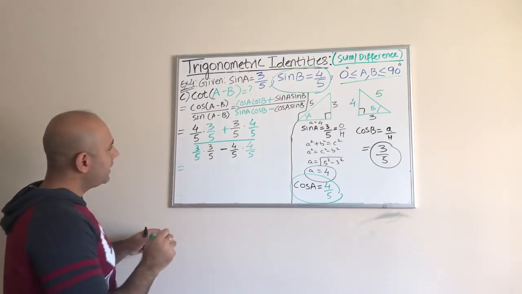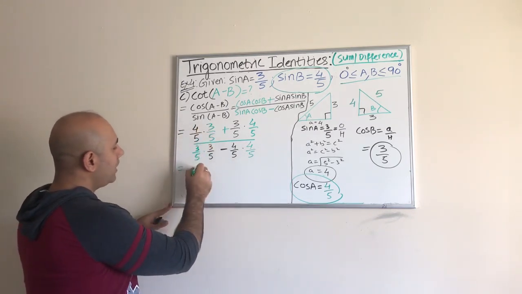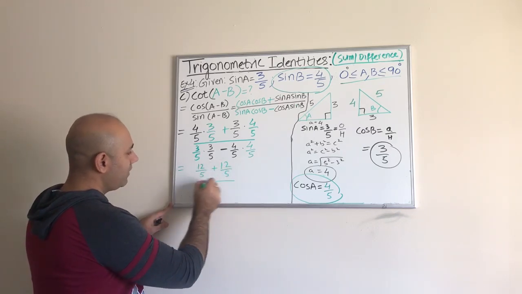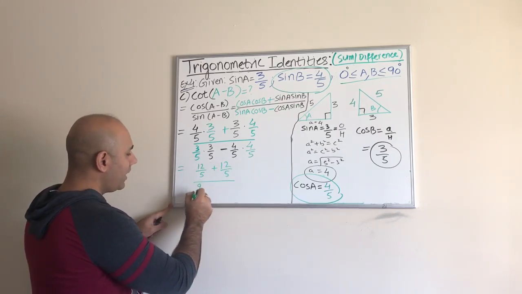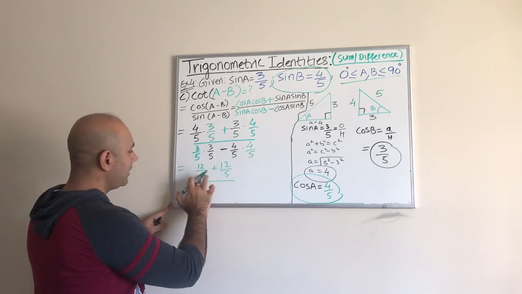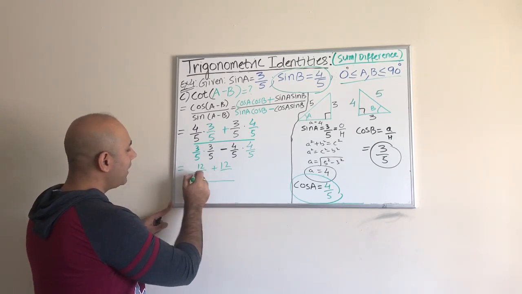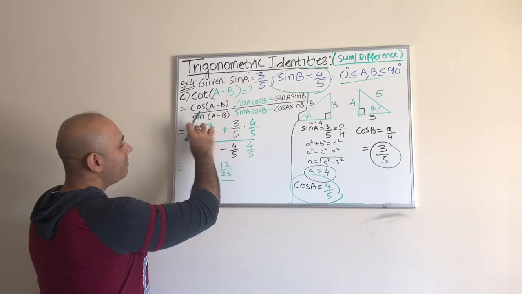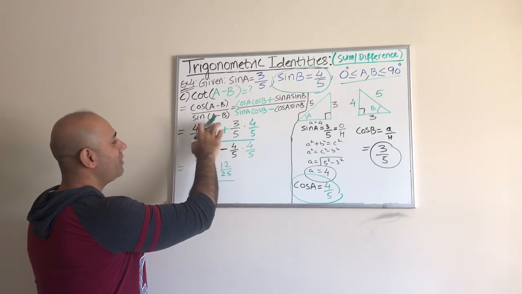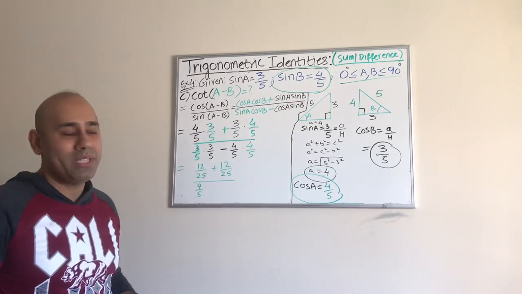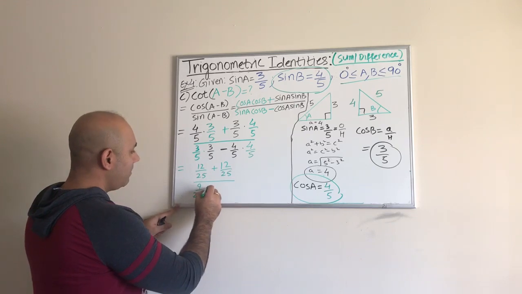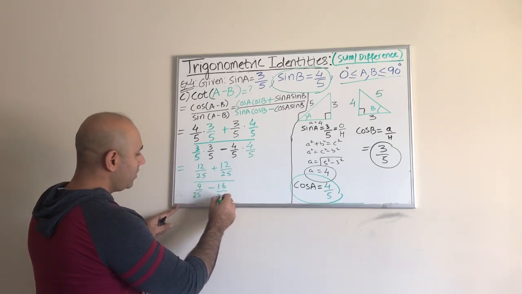Simplifying, 4 times 3 is 12, so it is 12 over 25 plus 12 over 25, divided by 9 over 25. I'm sorry, 5 times 5 is 25. Guys, when you are multiplying fractions, you multiply the numerators and multiply the denominators with each other, okay? So 9 over 25 and then minus 16 over 25.